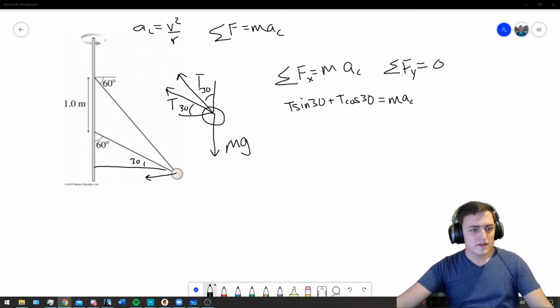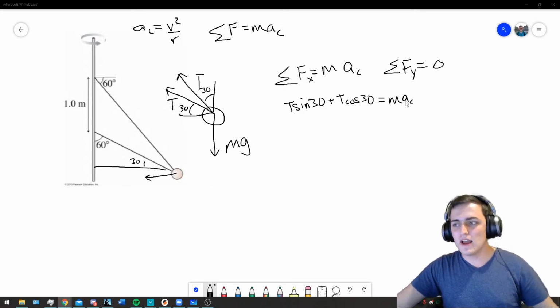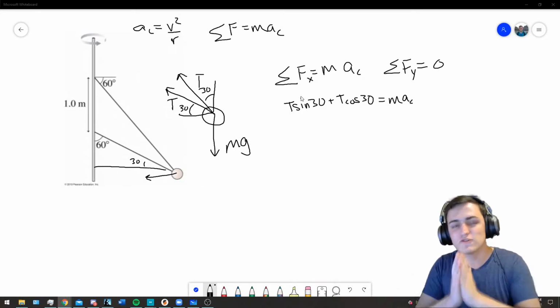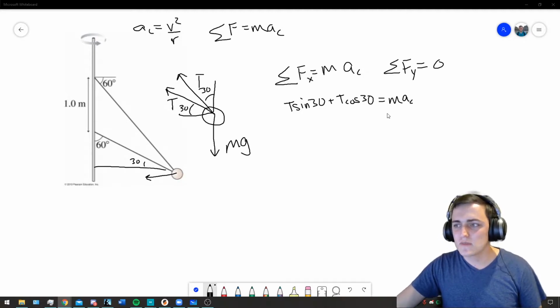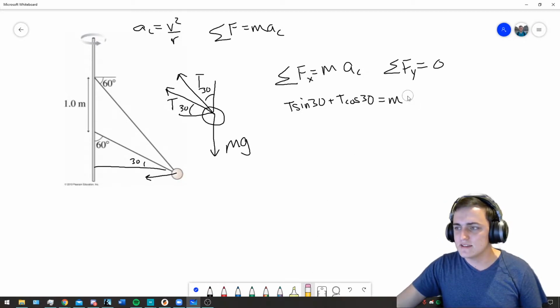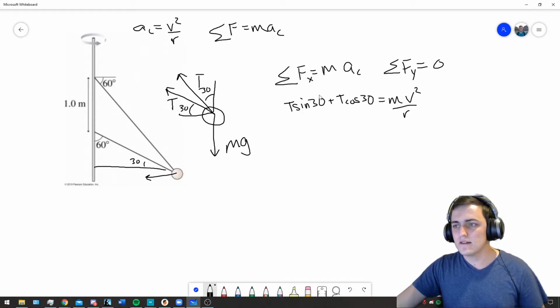We're not going to get mad over that. But in reality, we can just look at that as positive and find a positive acceleration. It just makes things a little easier to avoid negatives. And we can change a_c into v squared over r. So you get m v squared over r. And look at that, that's our first net force in the x direction expression.